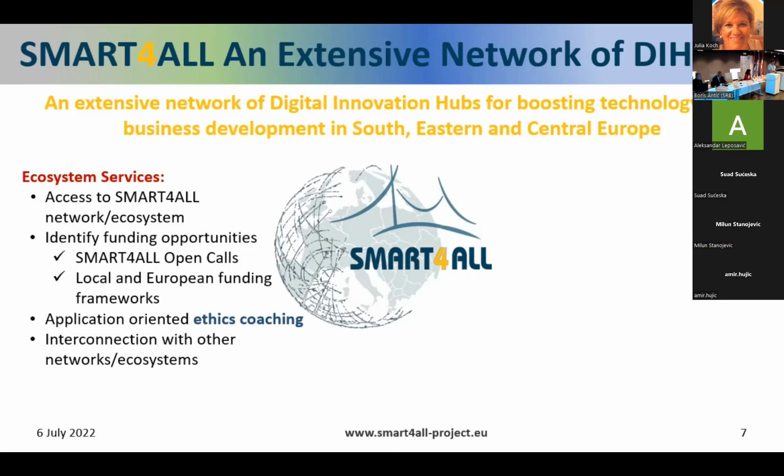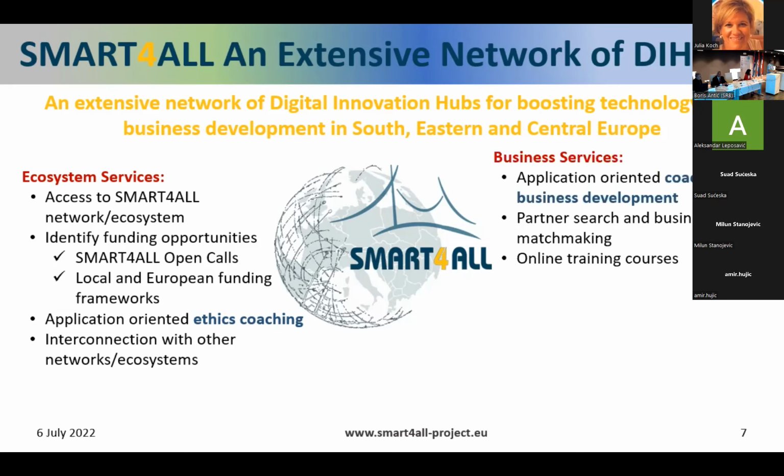One part of the coaching is the ethics coach. So once an application has been funded and starts its implementation, apart from the money, we are offering the coaches. They have coaches on a day-by-day basis for ethics, but also we have business coaches, experts from the business area that will help the consortia and the SMEs to develop their idea, but in a way that is business compliant, not ad hoc.